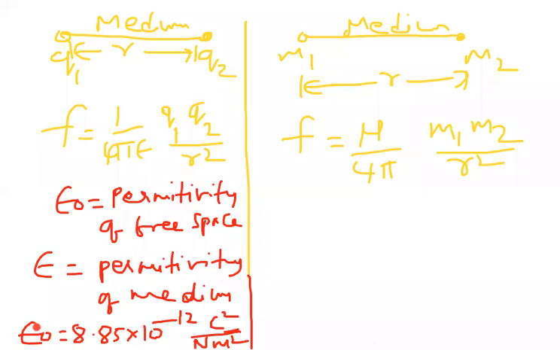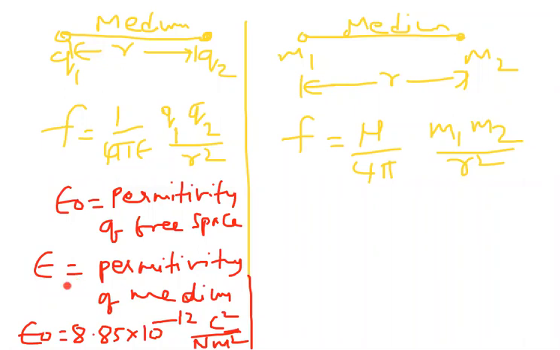The property of a medium which allows the magnetic field lines to pass through it is called permeability. Mu is called permeability. The property of a medium which allows the electric lines of force to pass through it is called permittivity.